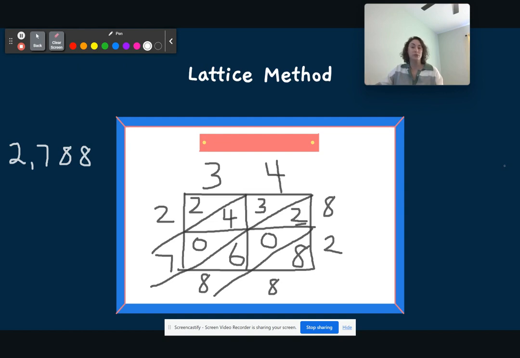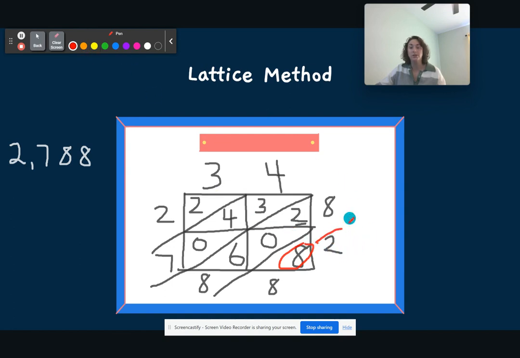When we went through the traditional method, we took very special care to make sure that our place values were aligned. The lattice method really works much the same way. It's just a different way to organize those place values. Each of these diagonal columns represents a different place value. So this column here is the ones.